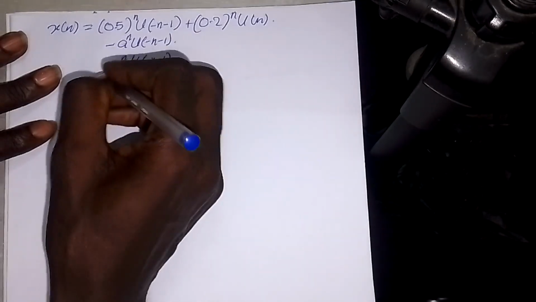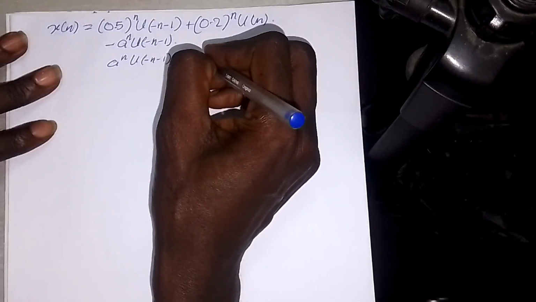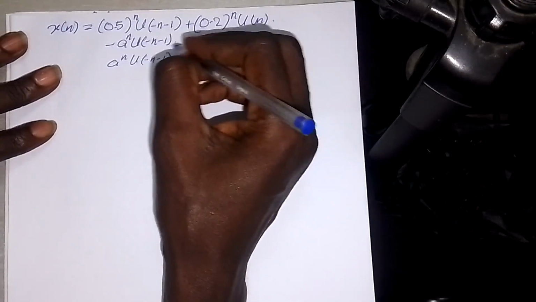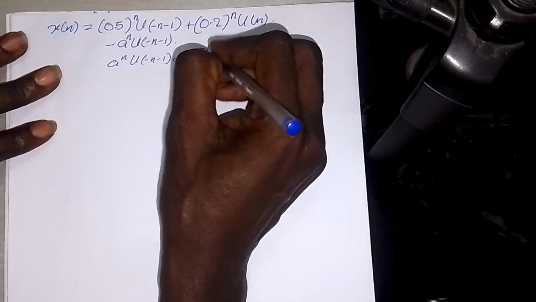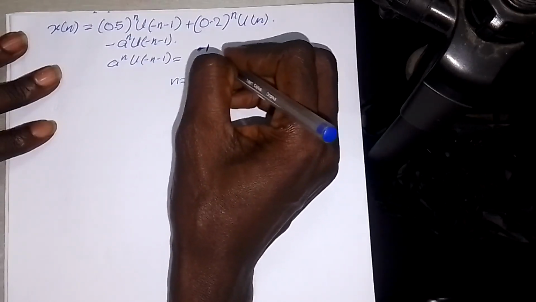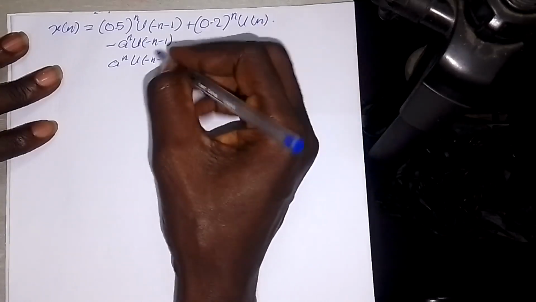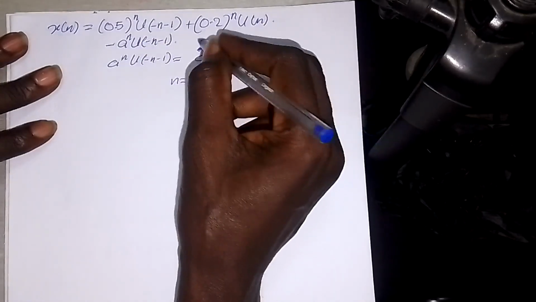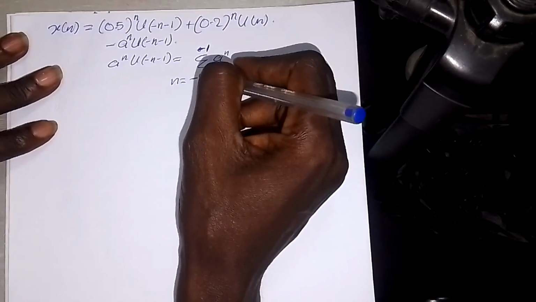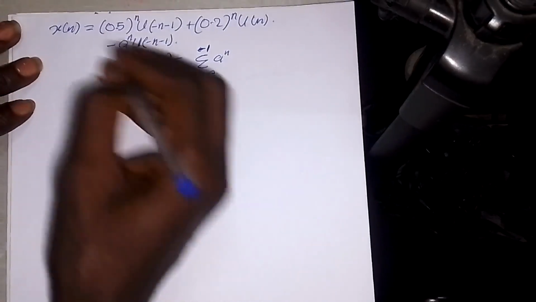If I have this one, then in terms of z transform, this will be equal to the summation from minus infinity up to minus 1, and here I'm going to have a exponent n. So this unit step here is giving me my summation limit, n is equal to minus infinity and n is minus 1.